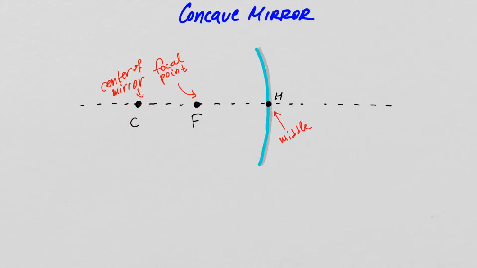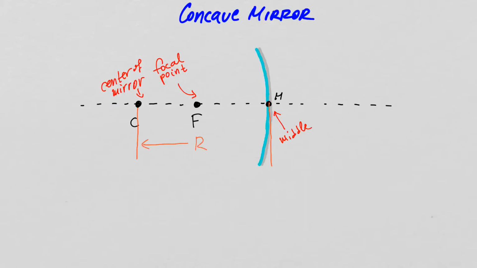Point C is the center of the mirror. This is the center of the curvature of the mirror itself. So this mirror, being curved, is a part of a spherical surface which has a center at point C. Then the distance from point C to the middle of the mirror is the radius of this curvature.